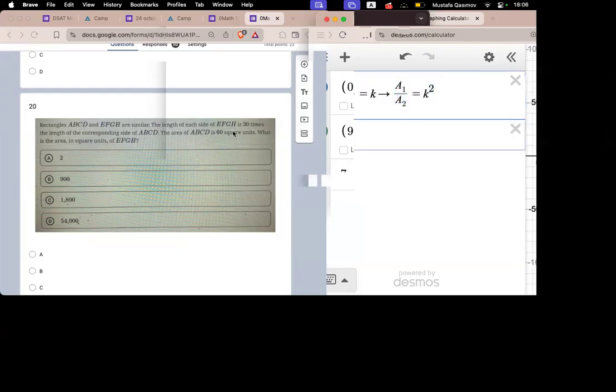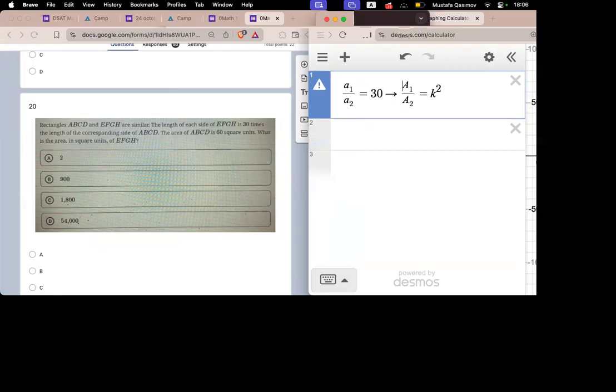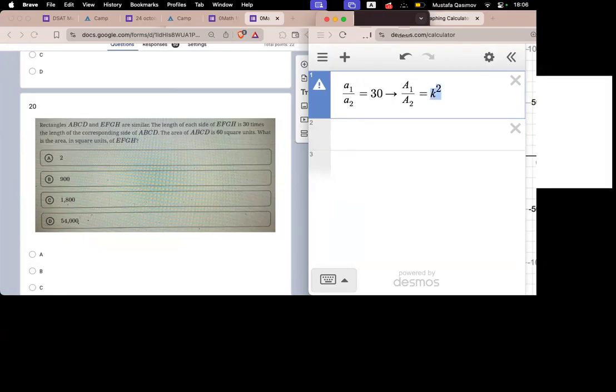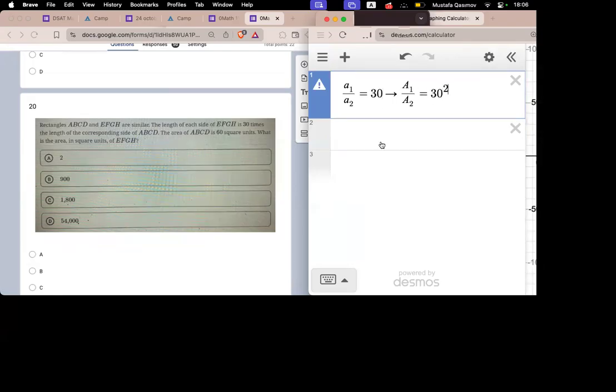That's accepted. If the length of each side of EFGH is 30 times that of ABCD, it means that K is equal to 30, and the ratio of areas will be 30 squared. Then it says that if ABCD is equal to 60, then the second one will be 54,000. Answer is D.